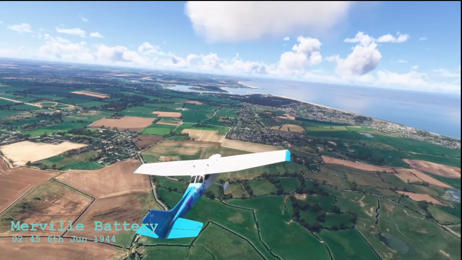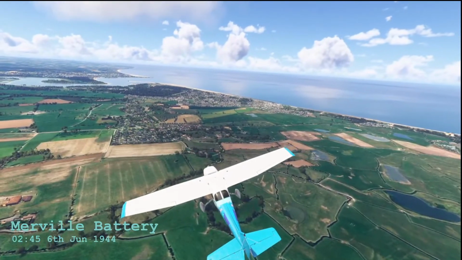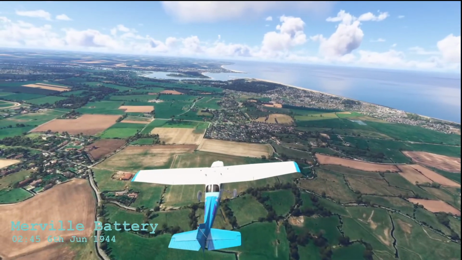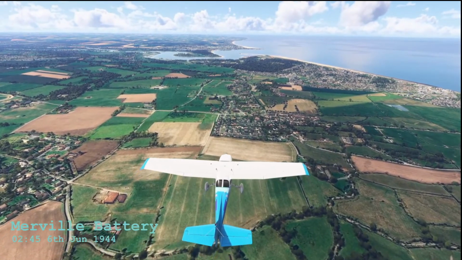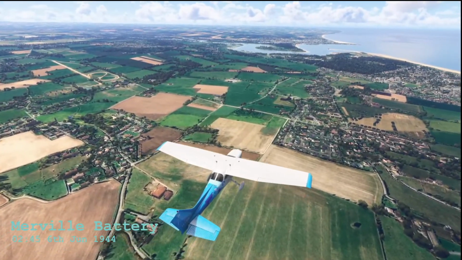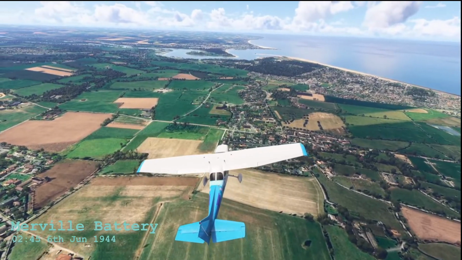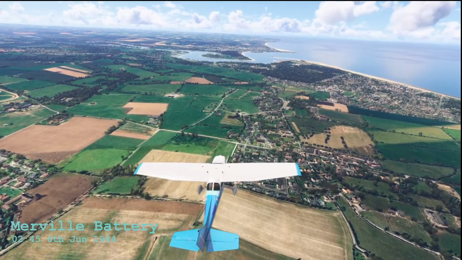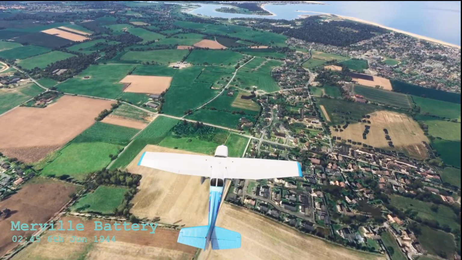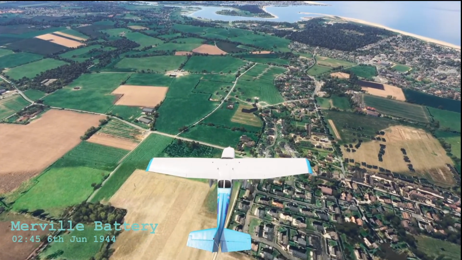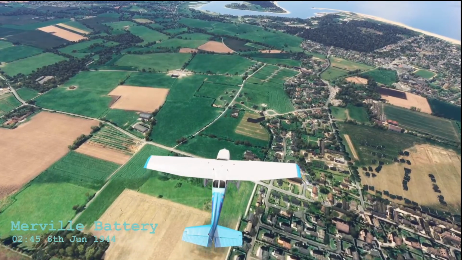And down below you can see the Merville Battery coming into sight. We're just going to be flying over it in a few seconds. It's this group of bunkers down below.